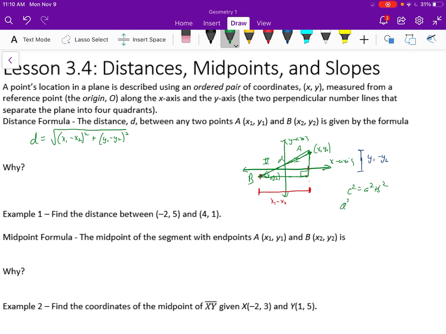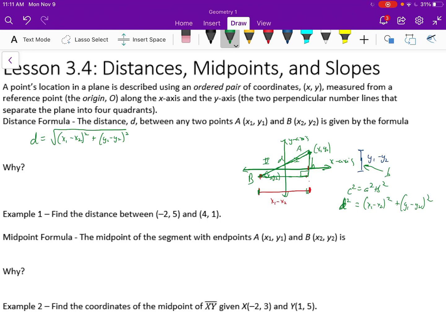So the distance squared equals, well, this would be our a, so (x sub 1 minus x sub 2) squared plus, and this would be b, the length of that leg, (y sub 1 minus y sub 2) squared. And then we could take the square root of both sides to get the distance formula. So that's why that works out that way.